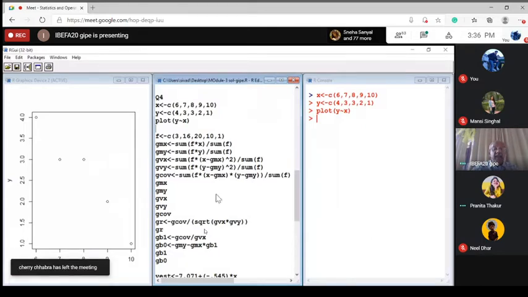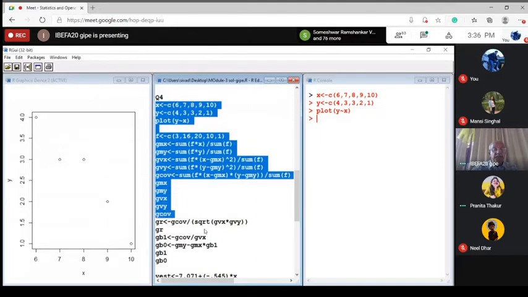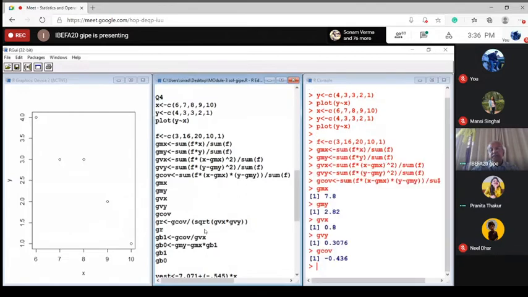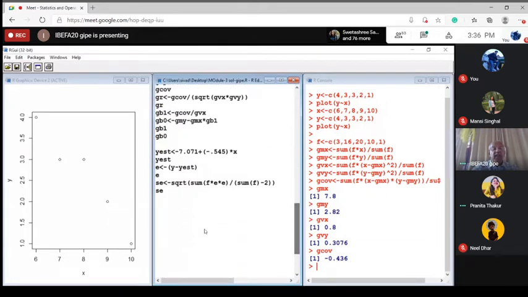And then get the output. These are the mean, variance and covariance.